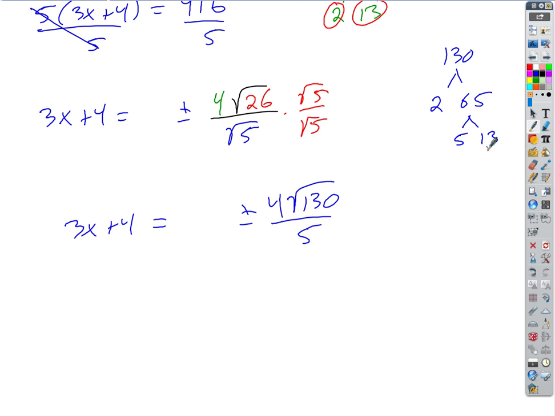Now what are the last two steps? Okay, good. Subtract 4. We'll put the minus 4 in front of the plus or minus. Now what about this last step? Dividing by 3. Okay, dividing by 3 is the same as multiplying by what? 1/3, right?